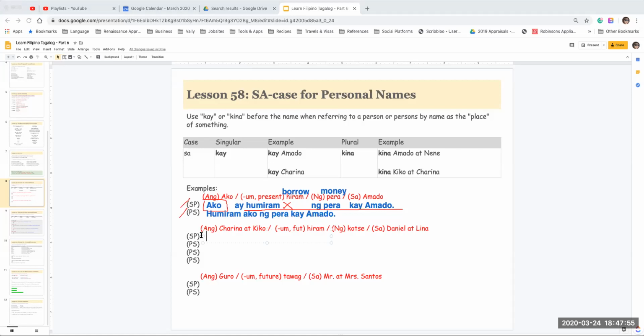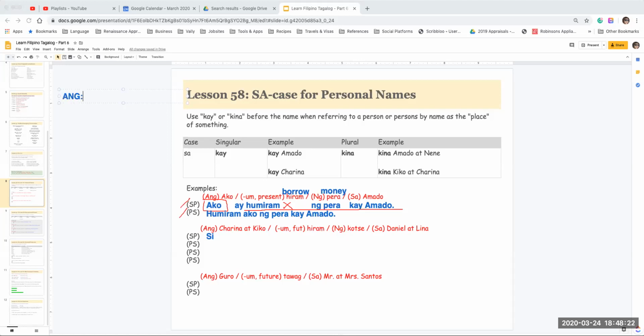So, how do we mark a personal name for ang case? Si? Sina? Okay, this is a personal name. Let me remind you.